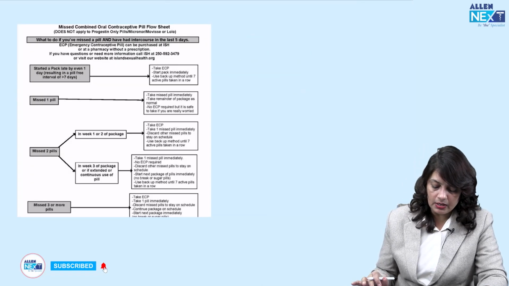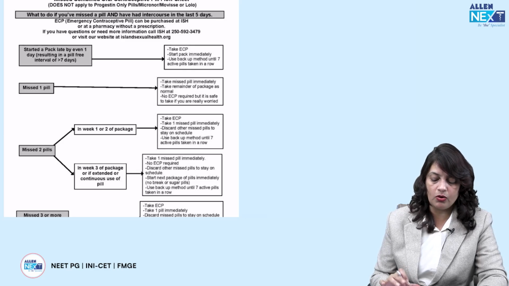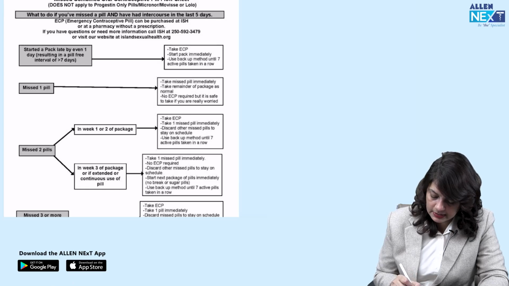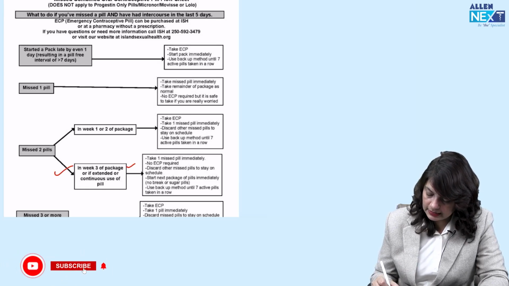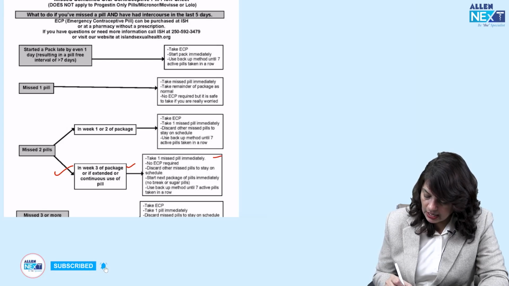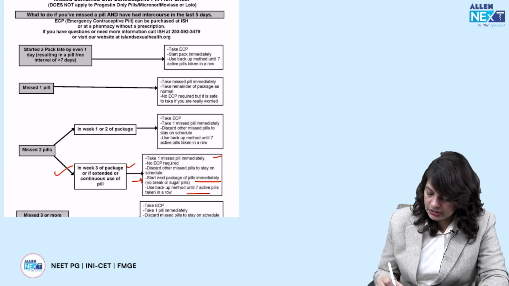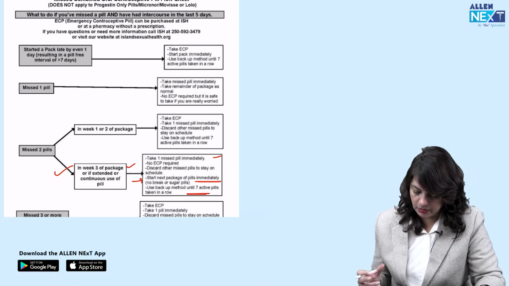Now, this is the table of the missed oral contraceptive pill flowchart. If she has missed 2 tablets in the 3rd week, then she should take the missed pill and start a new pack immediately, with additional contraception for the next 7 days.